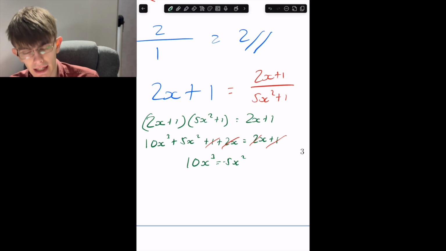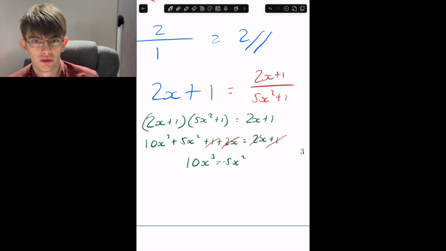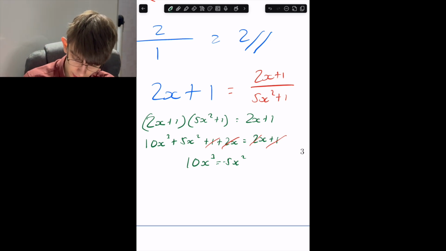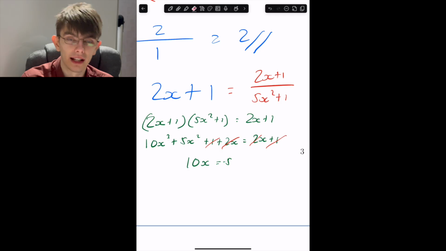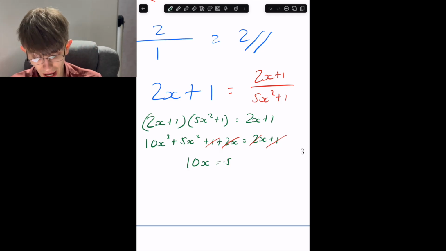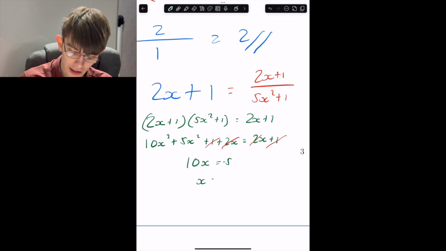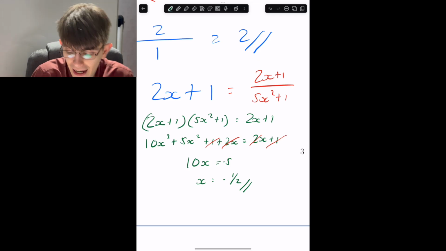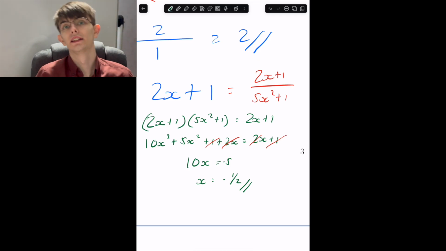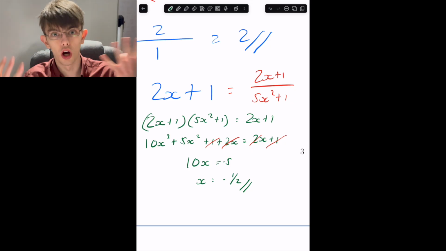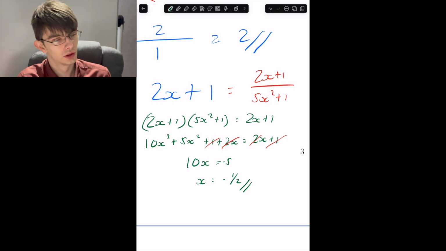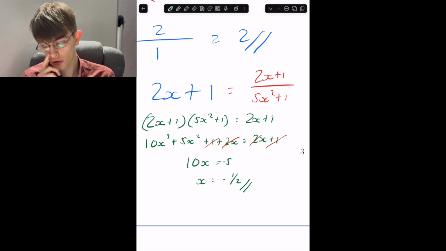I mean, yes, one of the options here would be that x equals 0, but what's going to happen if I cancel an x squared? Well, if I cancel an x squared, I get 10x equals minus 5, and hence x is also equal to minus a half. And if you put this into a calculator or a graphing system, Desmos or likewise, then you will notice that there are 2 points of intersection.